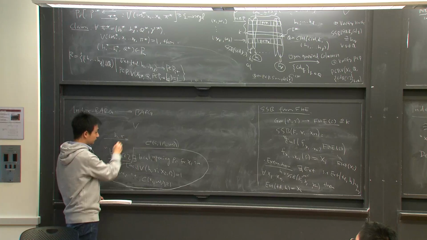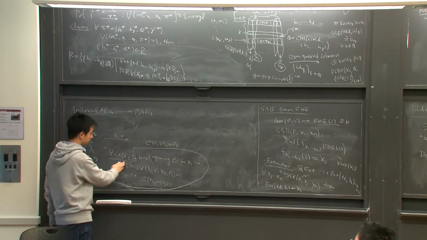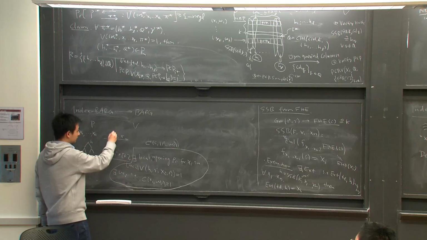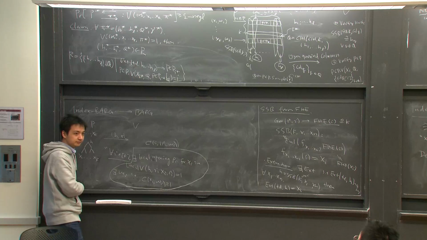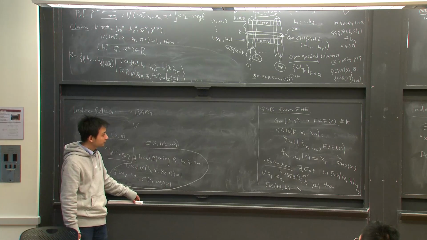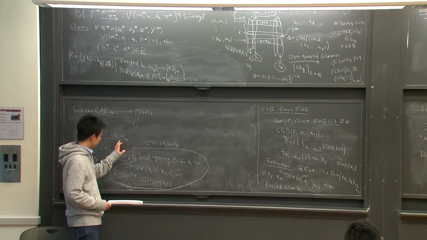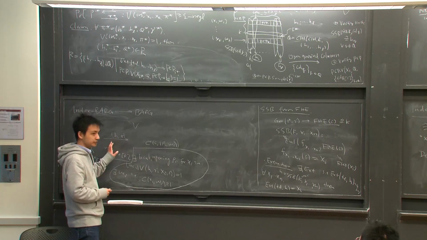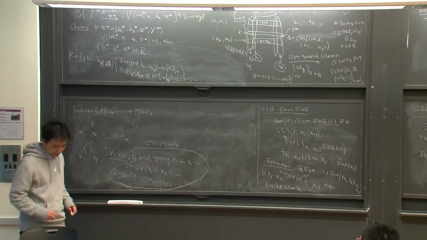Then you generate an index BARG for this kind of instance, send it to the verifier, and this is your BARG. If pi is small and the hash is small, then your total proof size is also small. So that's the idea.